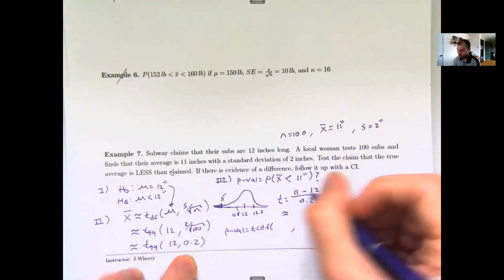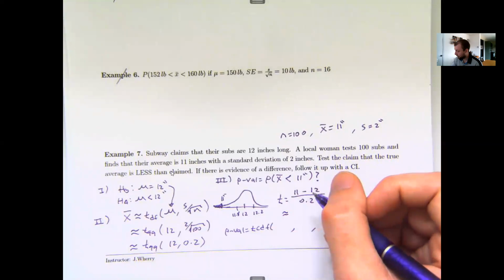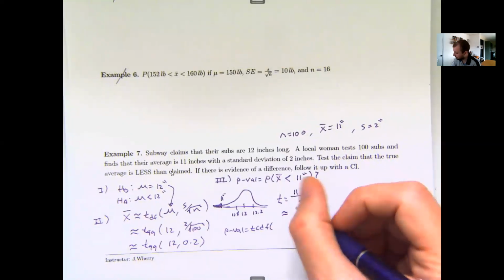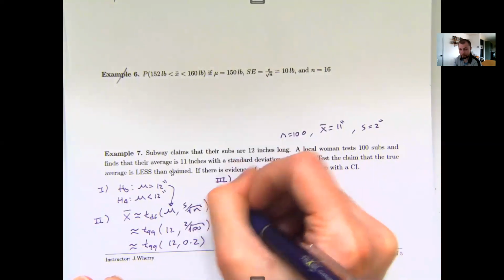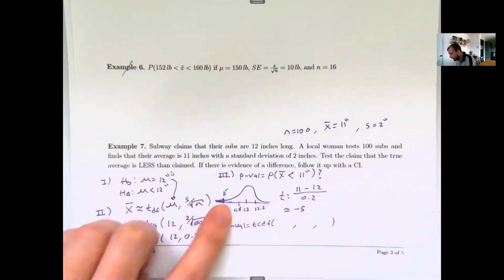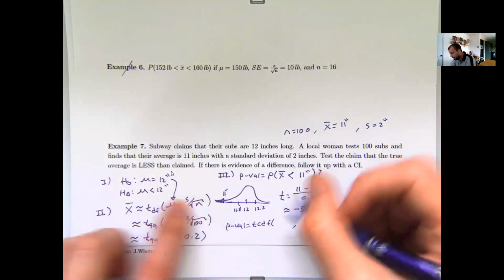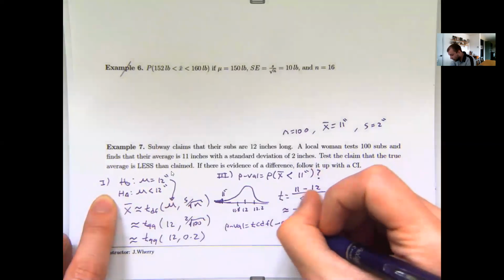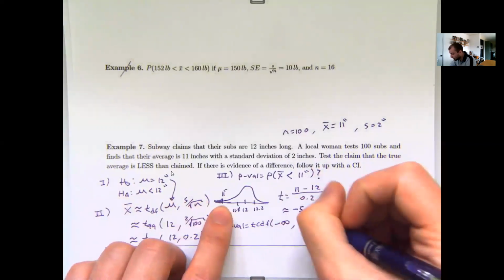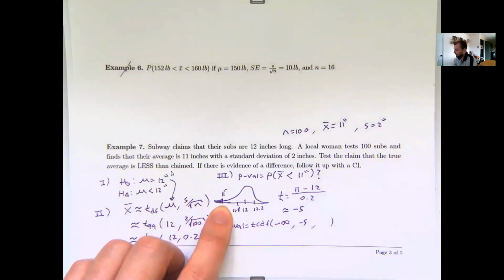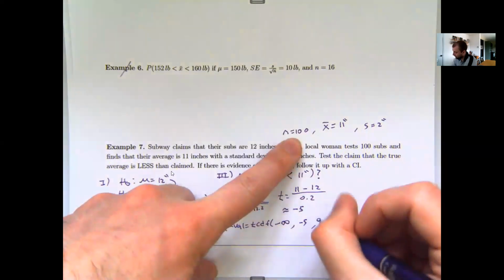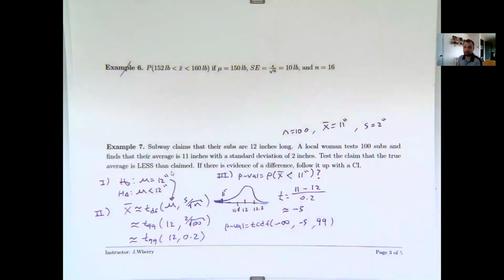I do 11 minus 12 divided by 0.2 in my calculator, and I get a t-score of -5. So this thing starts way out at -infinity, and I keep shading until I get a t-score of -5.